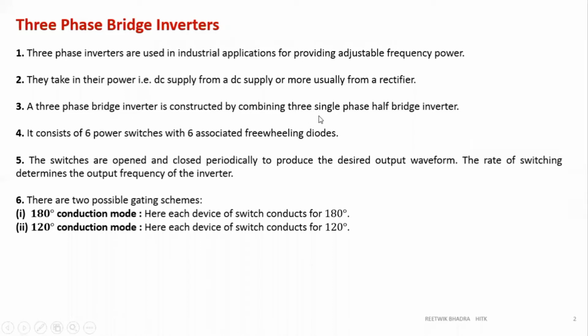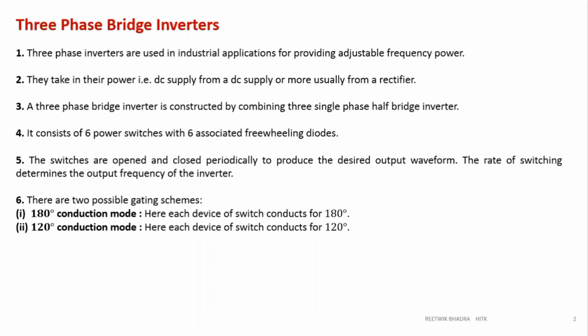Okay, how is it constructed? It is constructed by taking three single phase inverters, and while converting this DC into three phase, we need 6 power switches. That is, it may be a thyristor, IGBT, BJT, or MOSFET, and 6 freewheeling diodes. Because you had already learned that if there's an RL load, it has to discharge, and it needs a freewheeling diode to discharge the load.